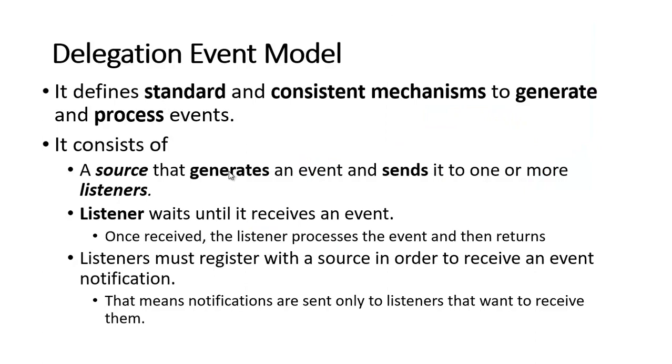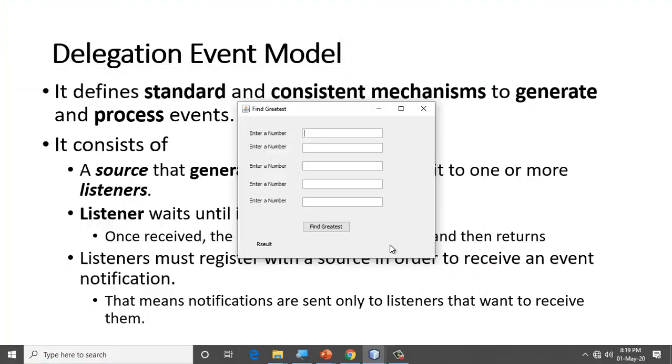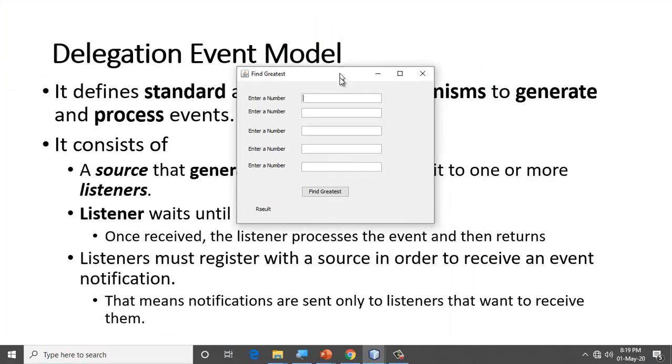For example, I have my application here which is running. Now, when I click on this particular button, an event gets generated. So this acts as a source of event. When I click on this button, it generates an event and sends that information to the listener.